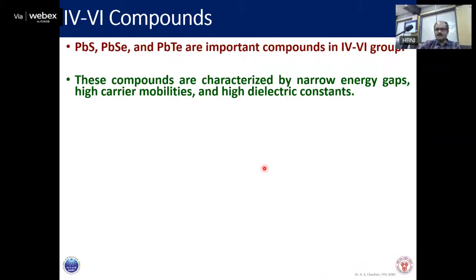These compounds are characterized by a narrow energy gap, so the energy gap is low in these, and carrier mobilities are high, and dielectric constants are also high. The band gap is very low, as I already told, nearly 0.3 to 0.5 electron volt.